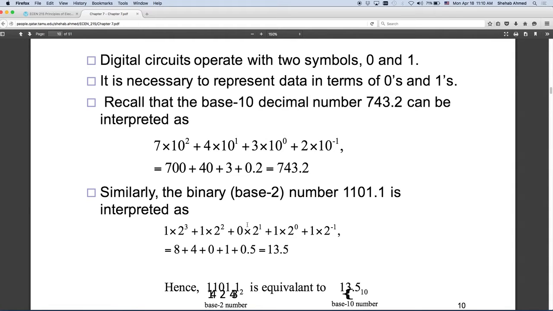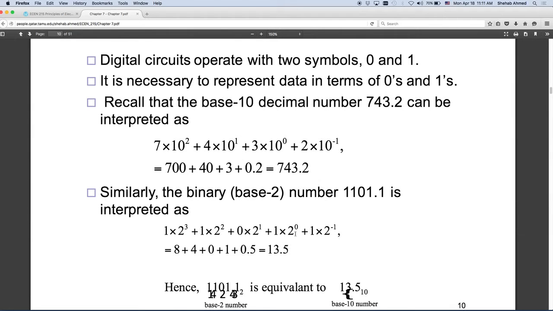To represent 0, 1, and 2, how many bits do I need? Remember, you only have ones and zeros. If you start with 2 to the 0, 2 to the 0 is 1.